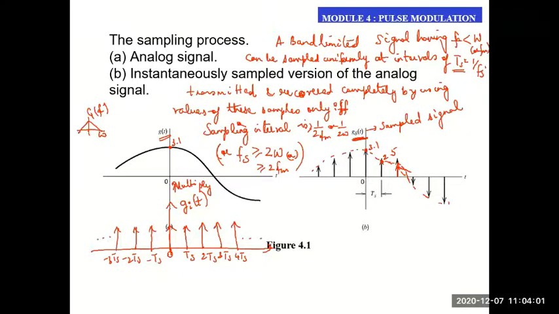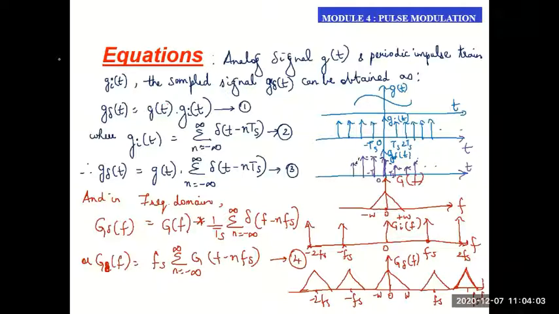Let's take some equations or expressions. The analog signal g of t is as shown. There is a periodic impulse train g_i of t, and the sampled signal g delta of t is shown below.